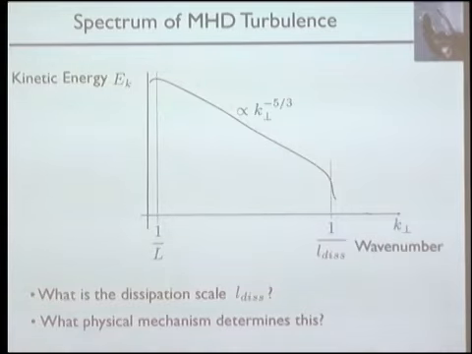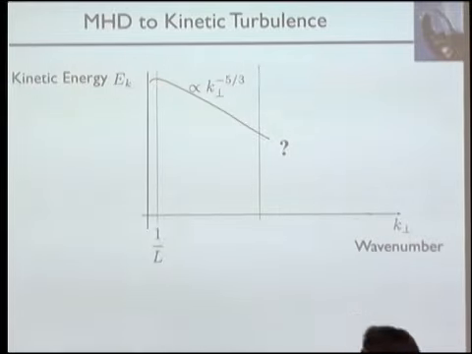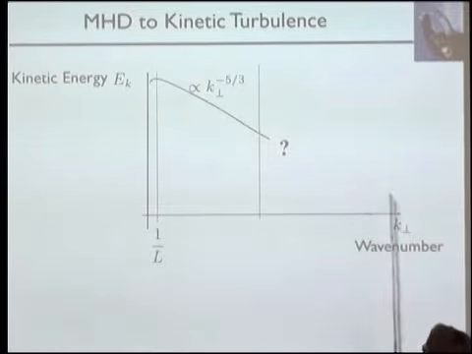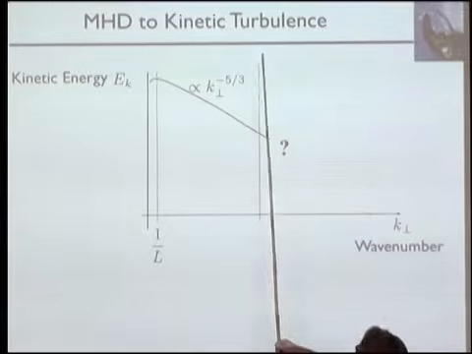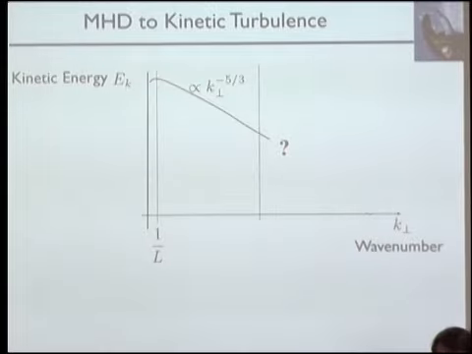The questions arise, what is this dissipation wave number, and what physics goes into setting this scale? Well, we're going to have to look at the kinetic problem a little bit to get a handle on that. And before we get to the dissipation wave number, which is going to be somewhere over here, we may pass through a point where now we have to keep track in our minds of the anisotropy in the wave number.